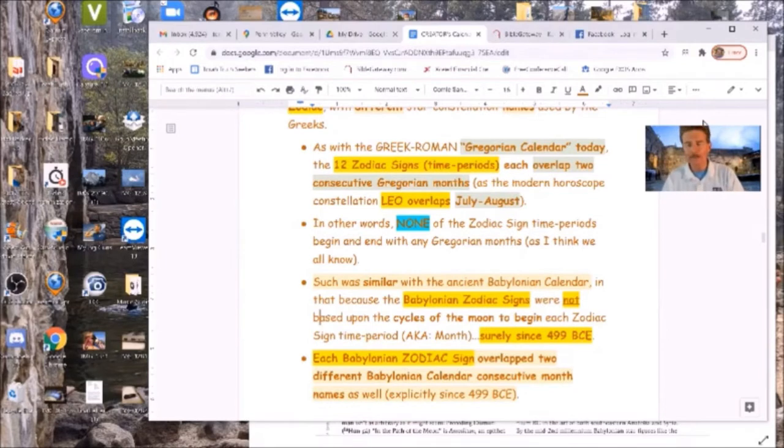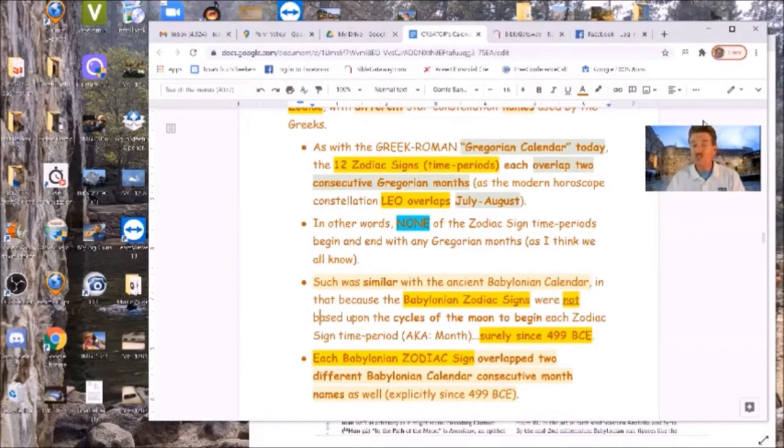Well, okay, not a big deal to me, but we know who the Lion of Judah is, Yehuda. There are coincidences, and we have to be careful not to take them too far. But in other words, none of the zodiac sign time periods begin and end with any Gregorian months, as I think we all know.